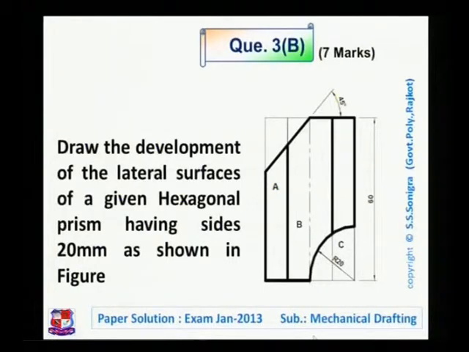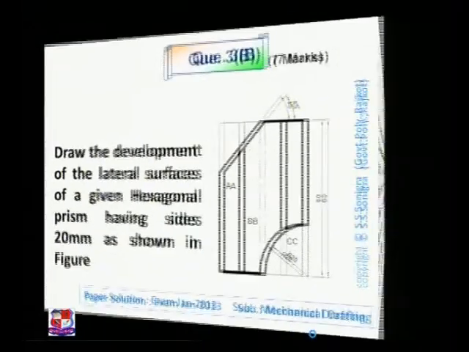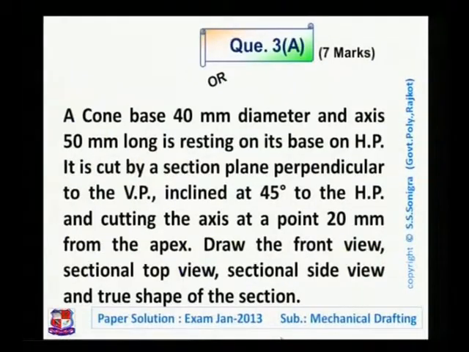Now we proceed further with question number 3A, asked for 7 marks. In the option it is asked that a cone with base 40 mm diameter and axis 50 mm long is resting on its base on the horizontal plane. A cone is given with diameter and height.